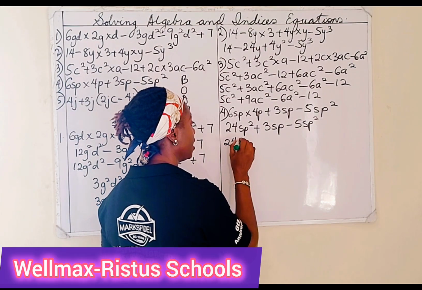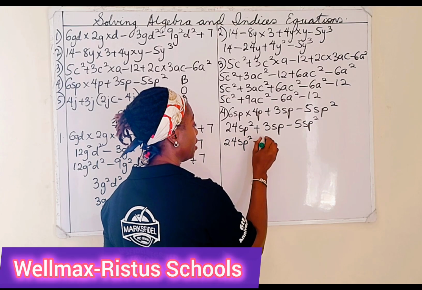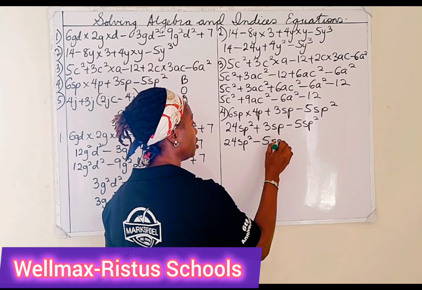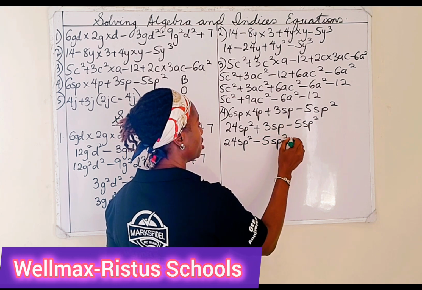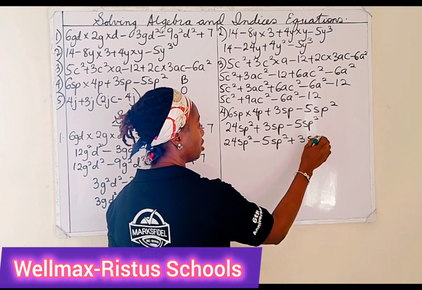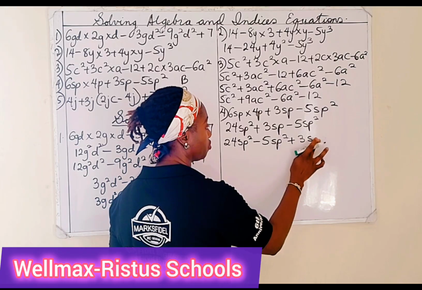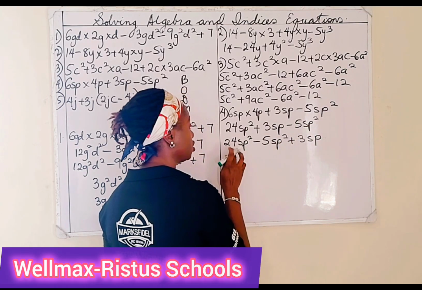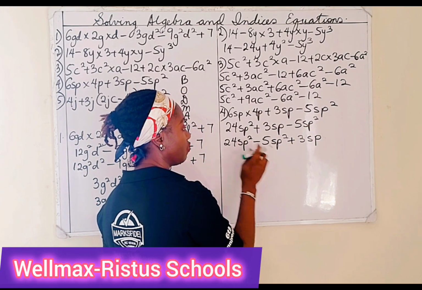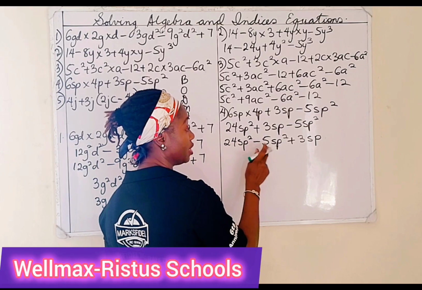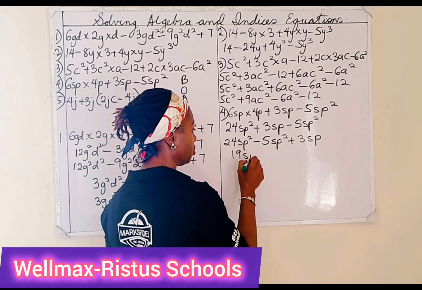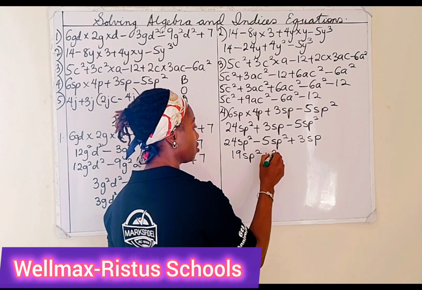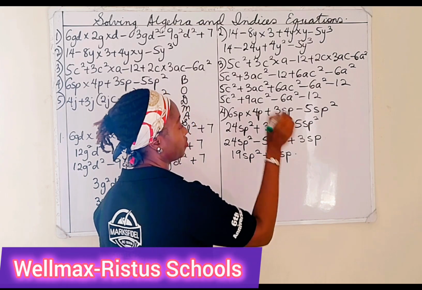We have 24sp squared minus 5sp squared, plus 3sp. Now 24 minus 5, that's 19, right? 19sp squared plus 3sp.